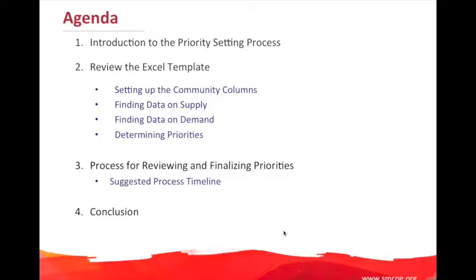And then we're going to go over the process for reviewing and finalizing priorities with a suggested process timeline, and then a conclusion talking about where the resources will be and next steps for the association with this material.